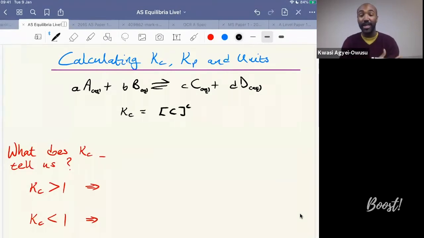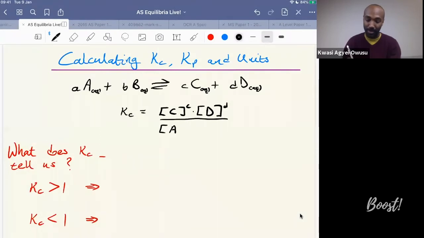In other words, lowercase c is the number of moles of C in the balanced equation, and that is multiplied by the concentration of D raised to the power lowercase d. The bottom term will be the concentration of A raised to the power lowercase a multiplied by the concentration of B raised to the power lowercase b. Okay, so that's your expression for Kc.